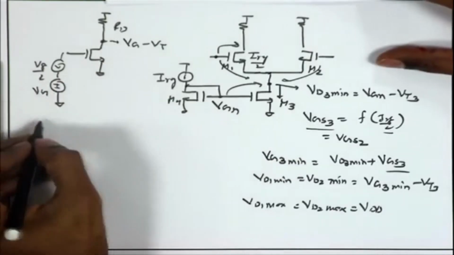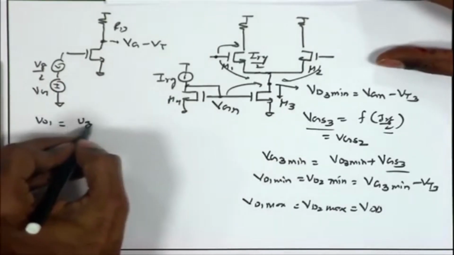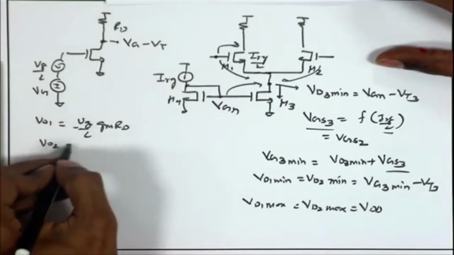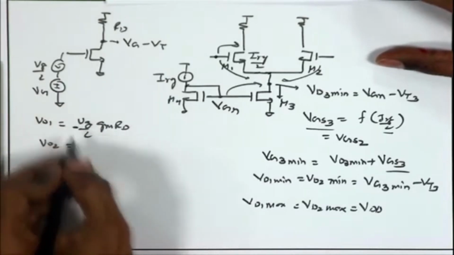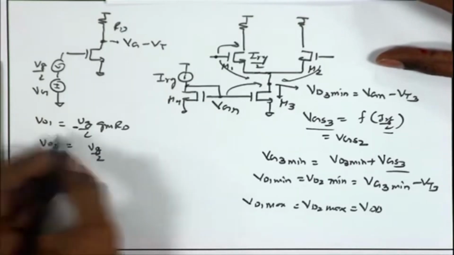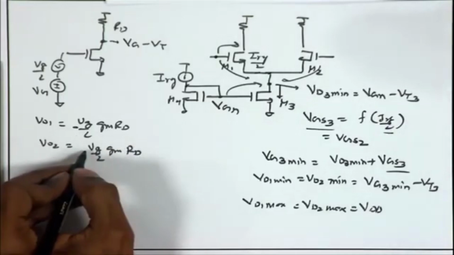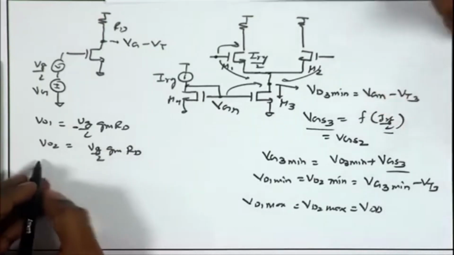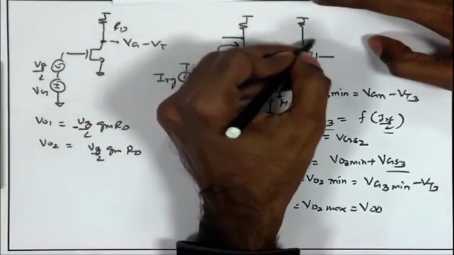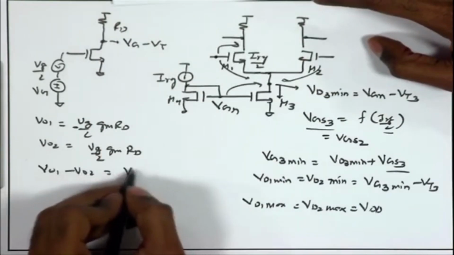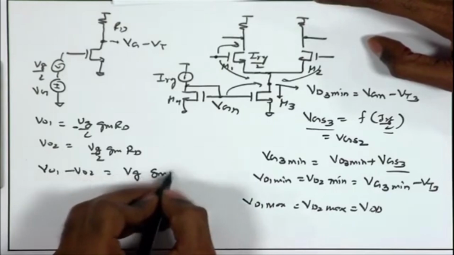So, VO1 is Vg by 2 times gmRD with a minus sign, and VO2 is likewise minus Vg by 2 times minus gmRD. So, you are getting another plus sign, and therefore, the output signal, which is VO1 minus VO2, will be just Vg times gmRD.